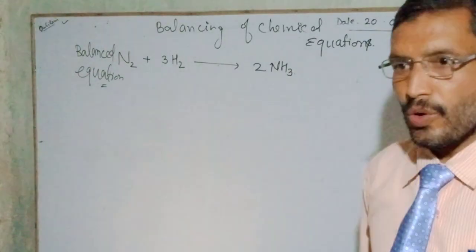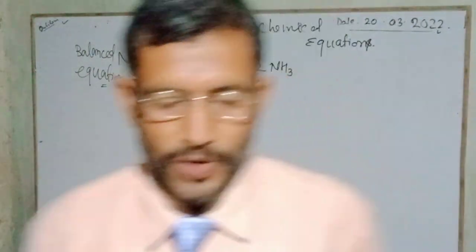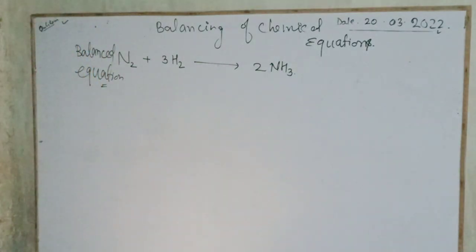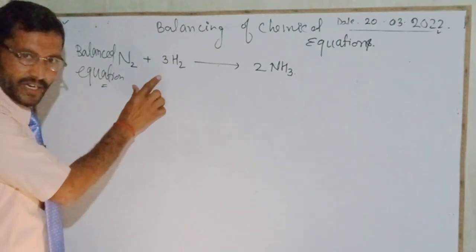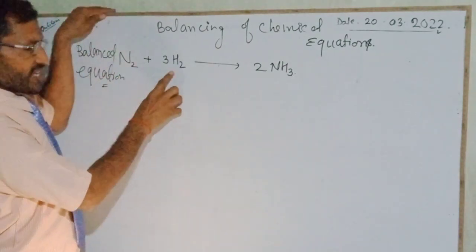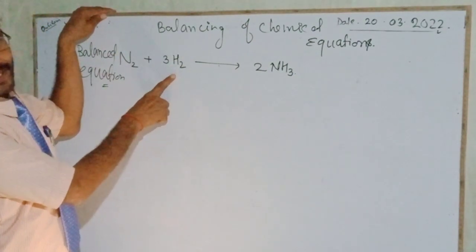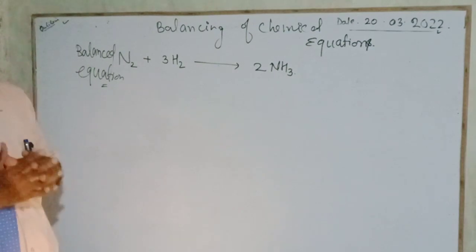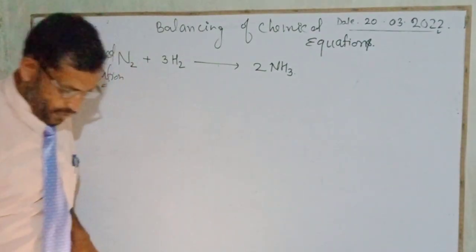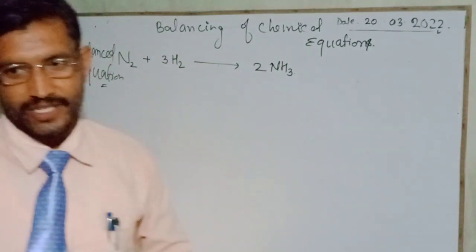So the reactants and products, what I have told you earlier: the reactants are the substances which react together, and what they give rise to is the product. So why is it needed to balance the chemical reaction?